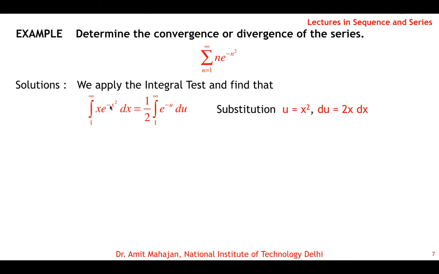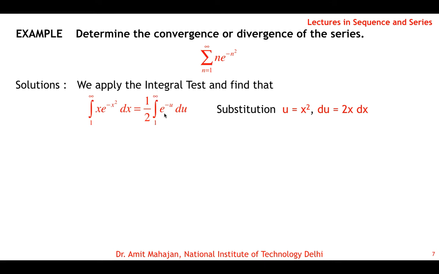Now to solve this, we can substitute x squared as a new variable, say x squared as u, so 2x dx is du, which immediately converts this integrand into this. Because x squared is u, it becomes e power minus u, and 2x dx is du. So x dx will be half of du, and the limits: when x equals 1, u also equals 1, so the lower limit remains the same. When x goes to infinity, u also goes to infinity, so the upper limit is also the same, so limits remain 1 to infinity.